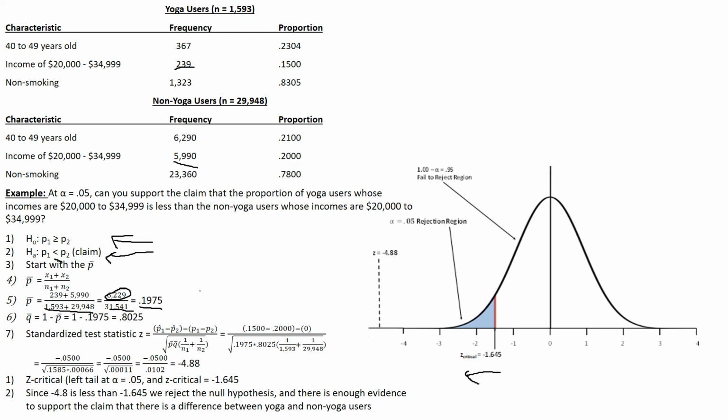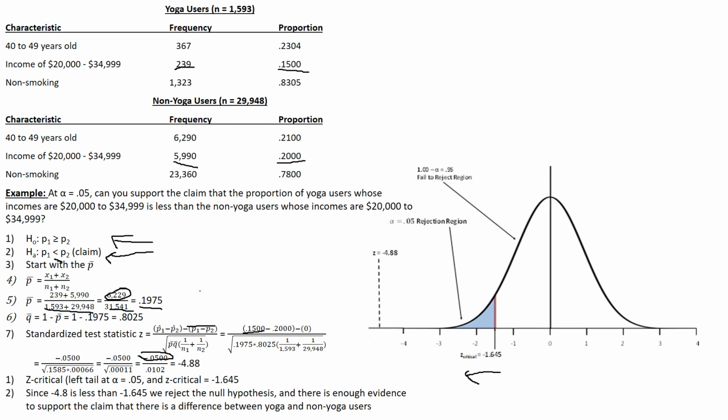And now we plug and chug. We have to figure out our difference for each one. My proportion for the first group, P1 hat, is 0.1500, minus P2 hat of the second group, 0.2000. That ends up being negative 0.0500, so that's my numerator.